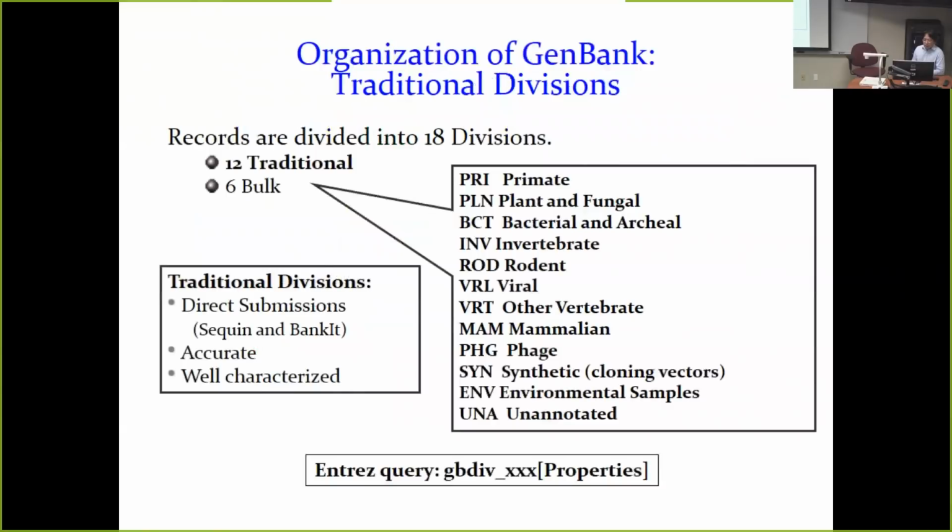So the records in GenBank are divided into 18 divisions. There are 12 traditional and 6 bulk records. For the traditional, you can see the taxonomic division of those different records. So you have primate, plant and fungal, bacterial, viral, even phage. And there are also sequences from your cloning vectors, from your plasmids, from your metagenomes, from environmental samples, right?